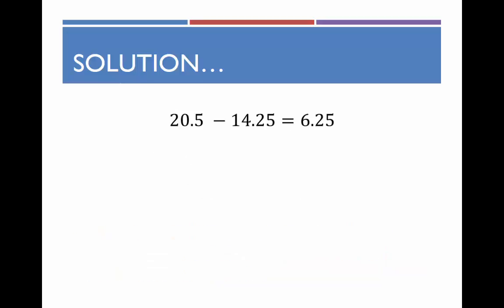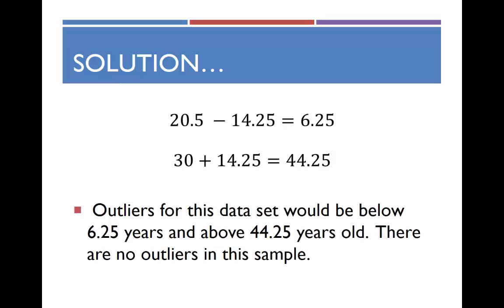So let's see what those cutoffs actually are. Outliers for this data set would be below 6.25 years and above 14.25 years of age. There are no outliers in this sample. Remember, the minimum value for our sample data was 18 years of age, and our maximum value was 38.